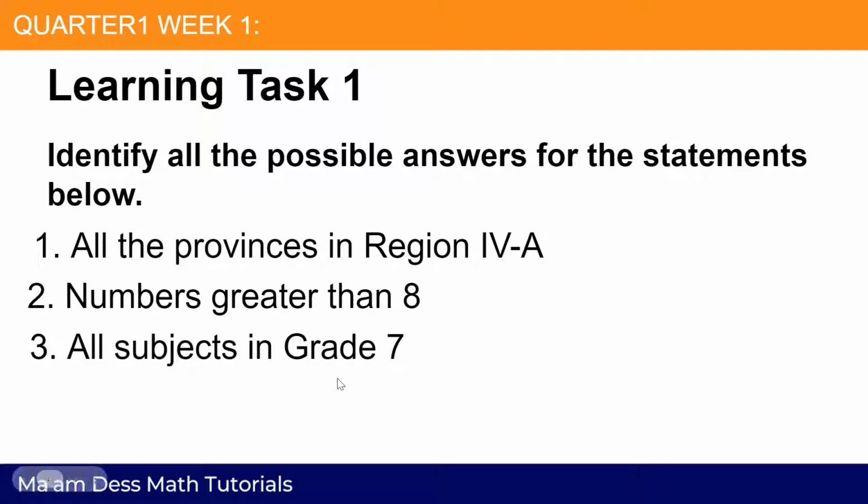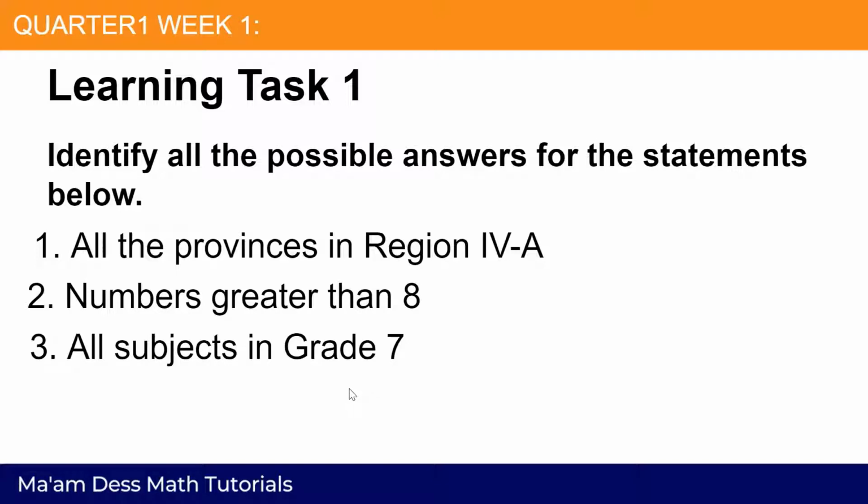So how many subjects are there in grade 7? Can you identify all? So we have English, Math, Science, Filipino, AP, ESP, TLE, and MAPE. So those are the subjects in grade 7.